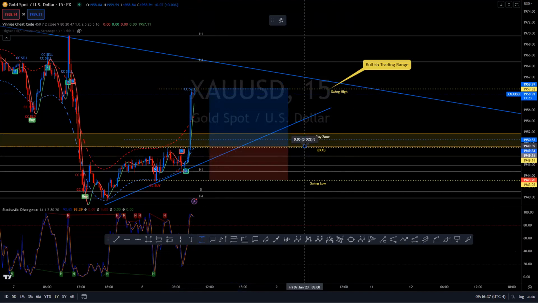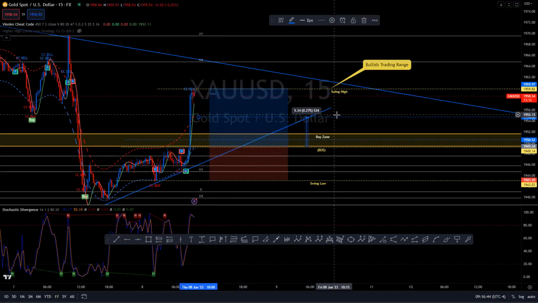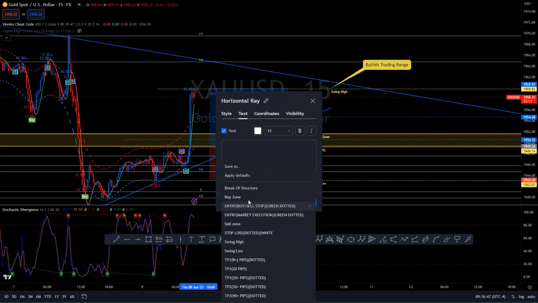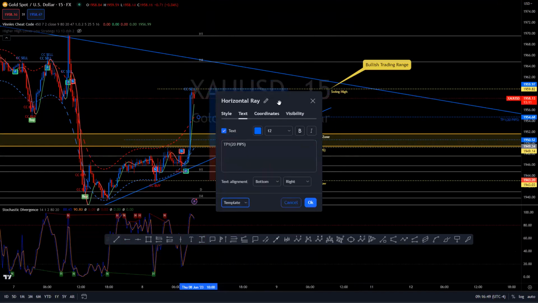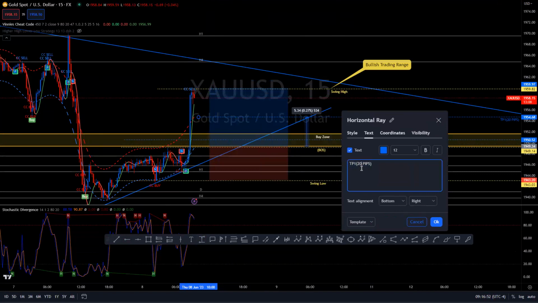But let's say price comes all the way down this area, sticks out the Bollinger Band, then I'm planning on getting this much of gold. So this is going to be TP1, which is over 500 plus points. That's what I see.